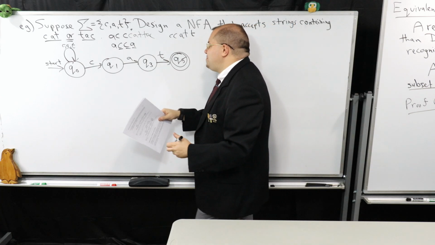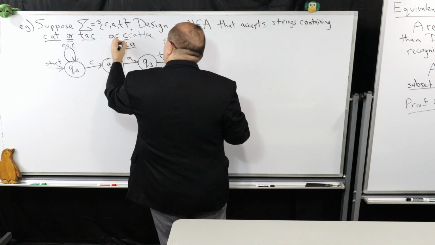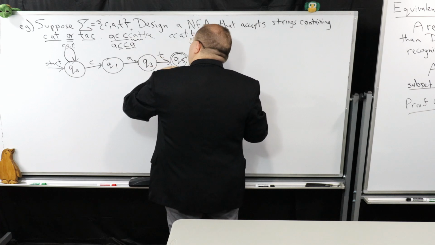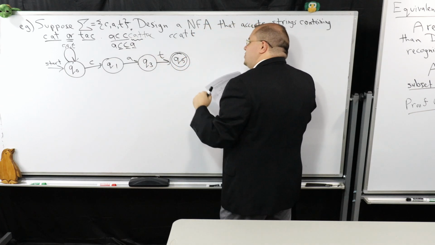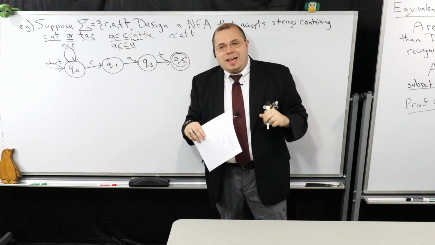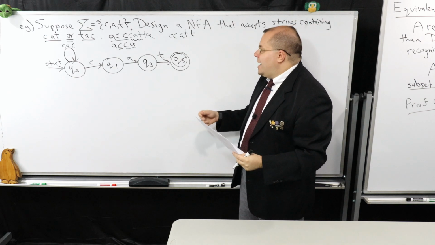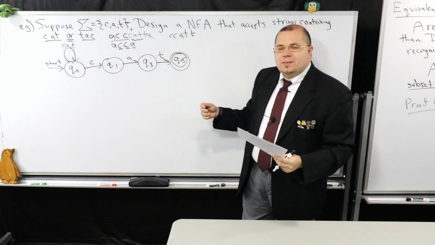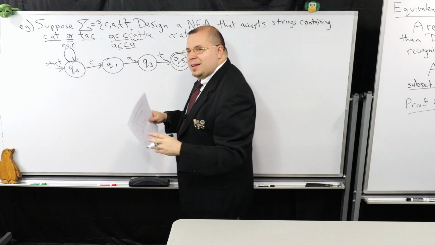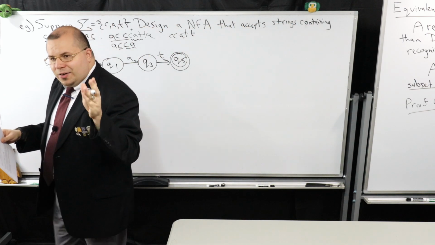Now, that's the first part. Suppose I read cat like this. What do I need over here to ensure that if there are more symbols after I see cat, I deal with that? I hear the idea of a garbage state.